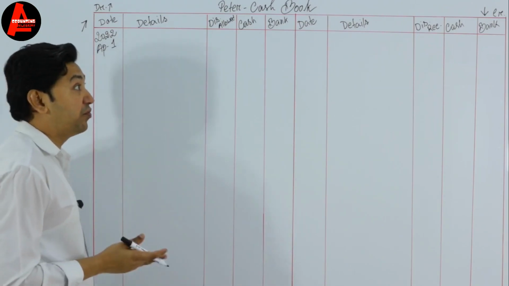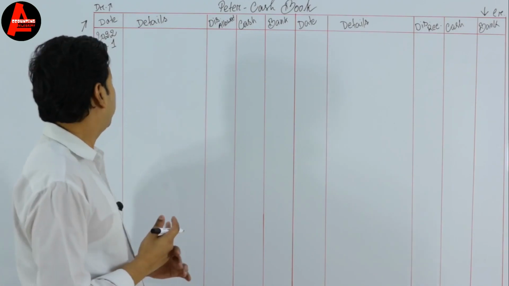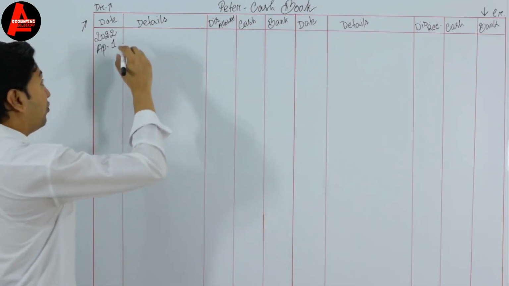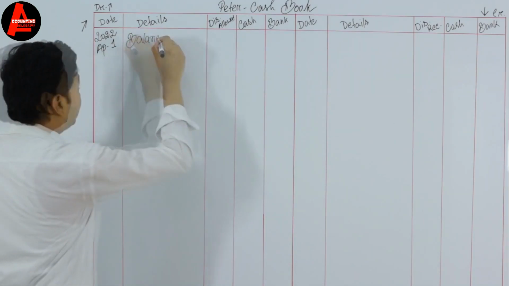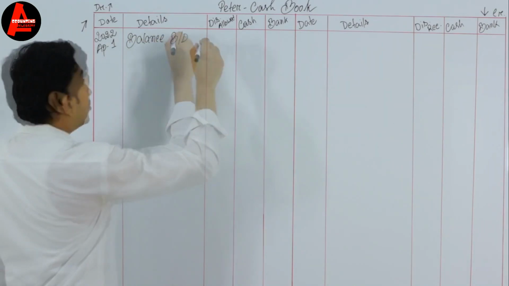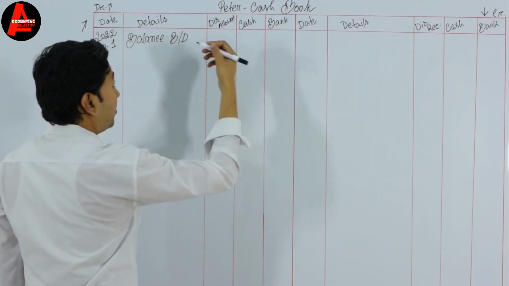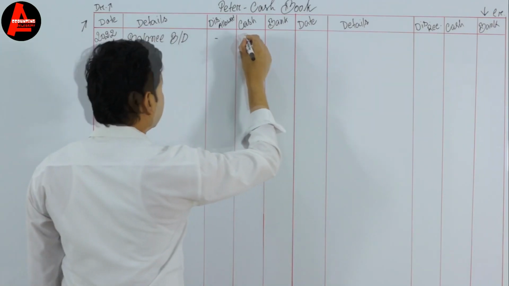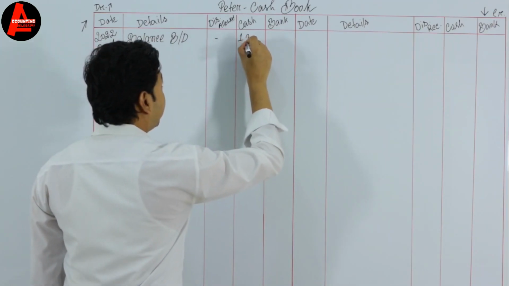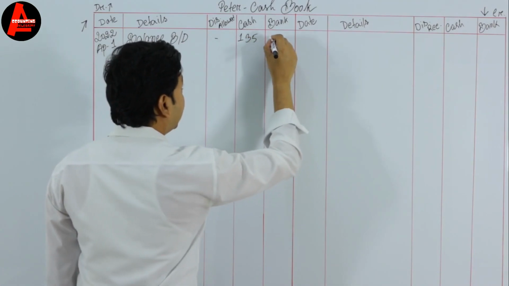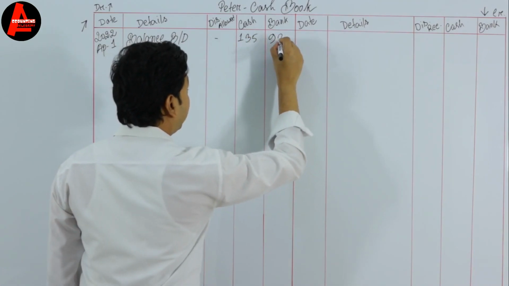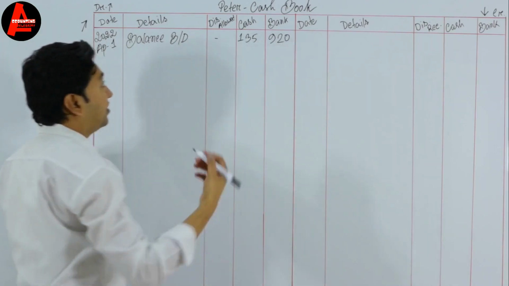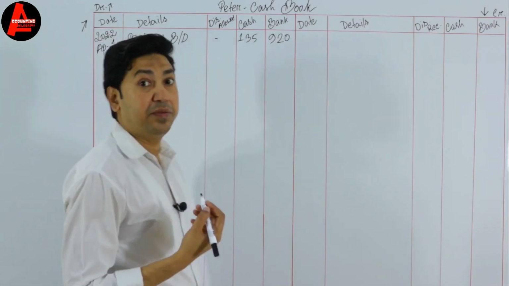So we will prepare this account for 1 month. So here we will write balance brought down. There is no balance BD for discount allowed, but here we have cash 135 and we have bank balance 920. Okay, so these are our opening balances.